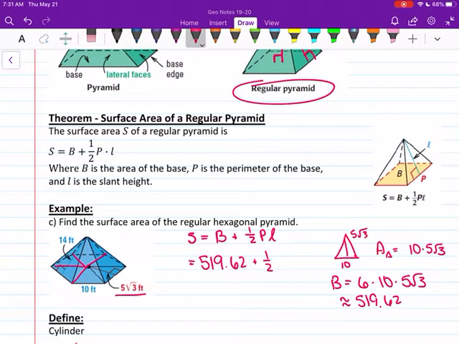And then the perimeter of the bottom, well, each side is 10 and there's 6 sides, so that's 60. And then my lateral height, they give it to us, is going to be 14. Then I plug all of that in together and, remember I rounded, so my answer is approximately 679.81, and my units here are square feet.